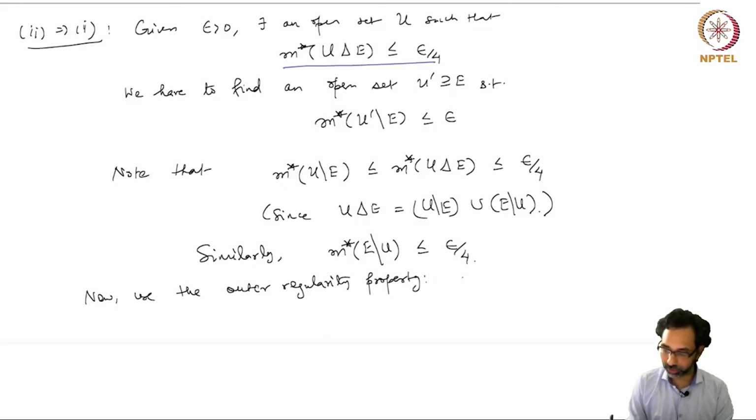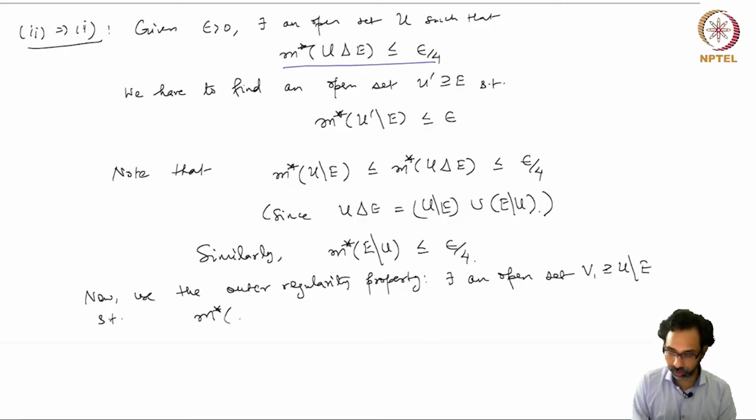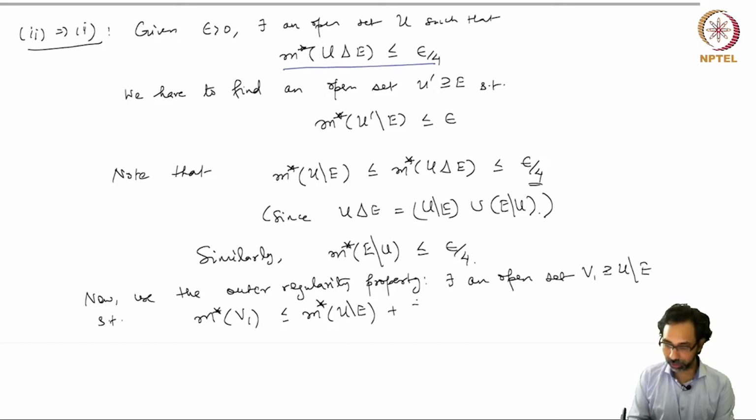This implies that there exists an open set V1 that contains U minus E such that m star of V1 is less than or equal to m star of U minus E plus, I am going to take epsilon by 8 here, so that this is bounded above by epsilon by 4 plus epsilon by 8, and this is equal to 3 epsilon by 8.